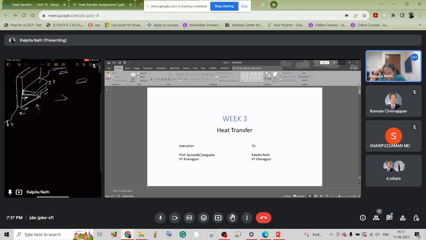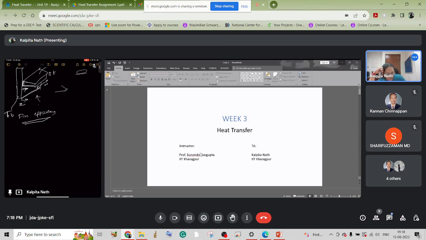So first of all, we have learned about fin efficiency. Before that, we will know about where the fin is attached, that is at x equal to 0.